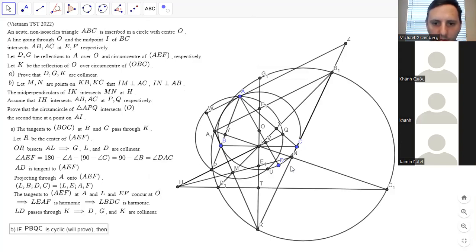And so, no, actually, if PBQC is cyclic, then I is the radical center of those three circles.